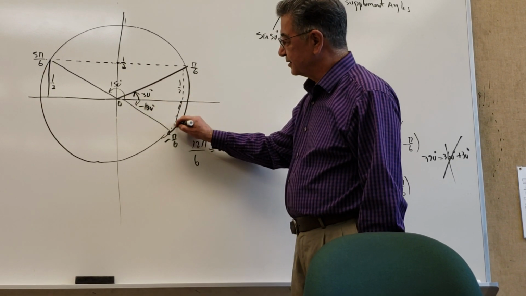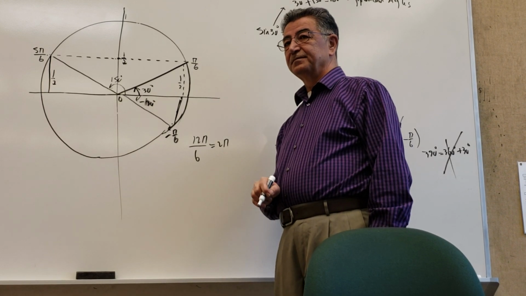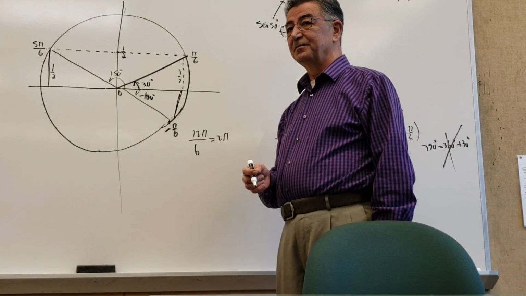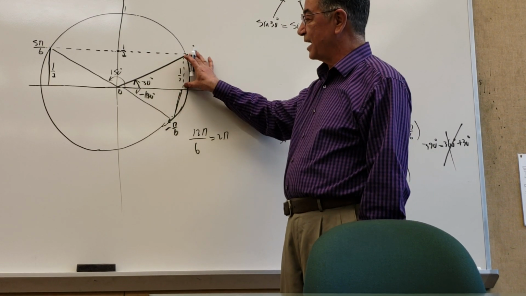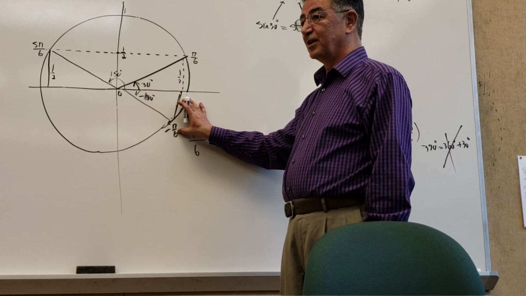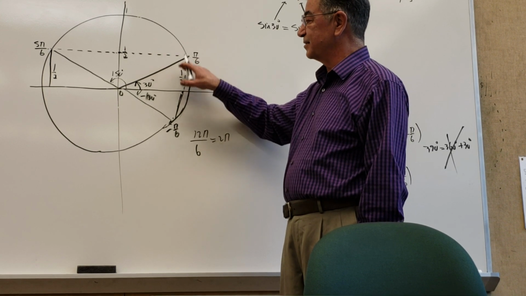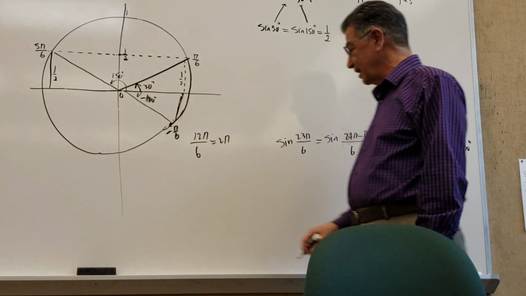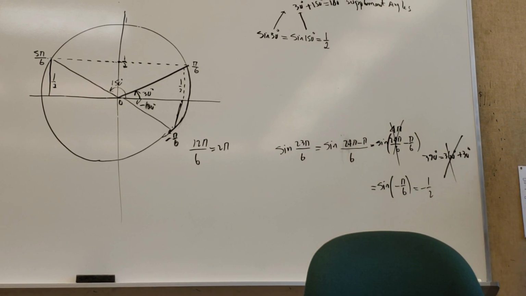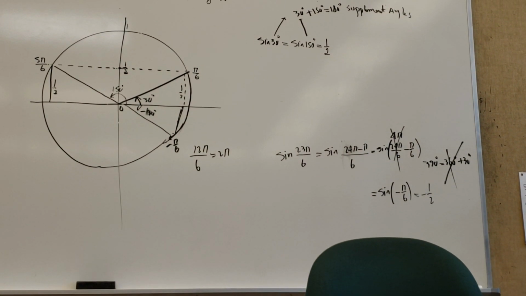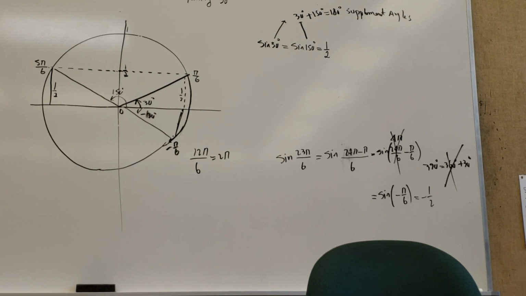How much is this height? Positive or negative? Negative. The size is the same, isn't it? This is 1/2, this is also what? 1/2. Except this guy is positive, this guy is what? Negative. So your answer is negative what? That's it. We're going to do this a lot till you guys be very comfortable with it.